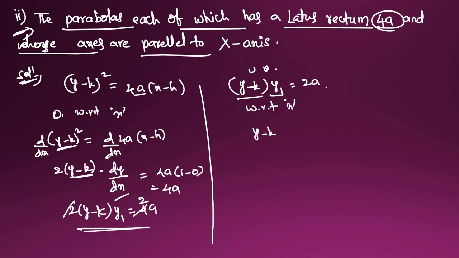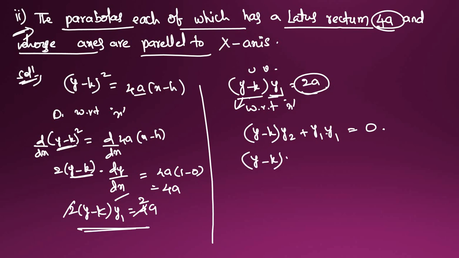So y minus k into y2, plus y1 into y1, that is y1 whole square, is equal to 0.